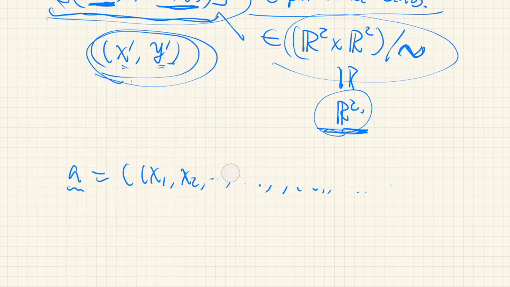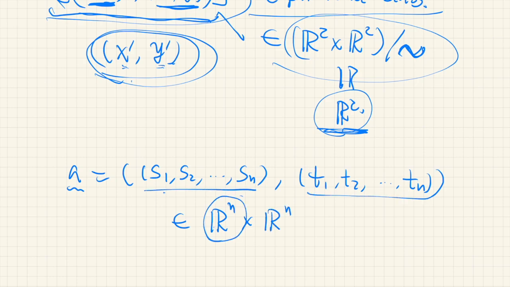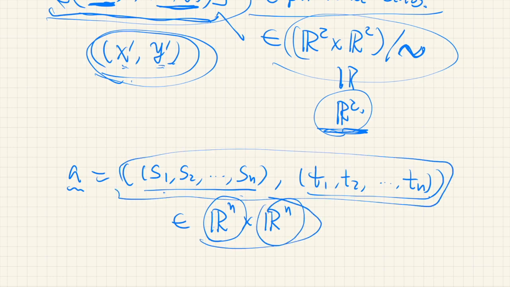Maybe x and y are confusing, so let's use other symbols. Let's say source s1, s2, and so on, sn, in n-dimensional space, and target t1, t2, and so on, and tn. So another point. So this belongs to this, and this belongs to this, and their pair belongs to this.